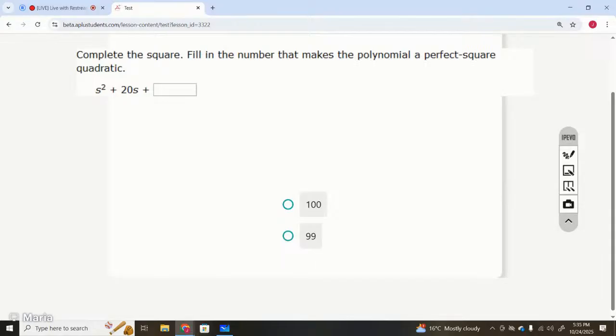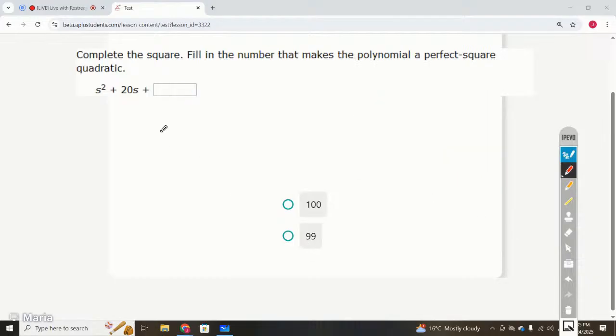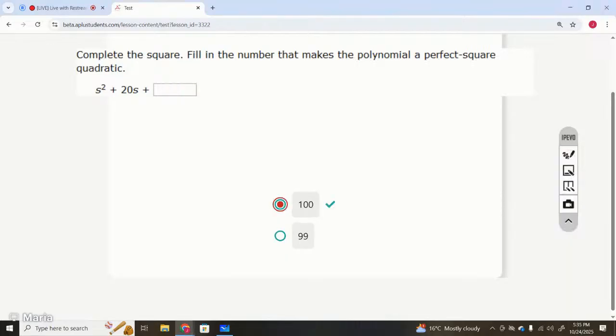S square plus 20s plus the missing number. You need to add 10 square. That is 100. Option number 1 is the correct option.